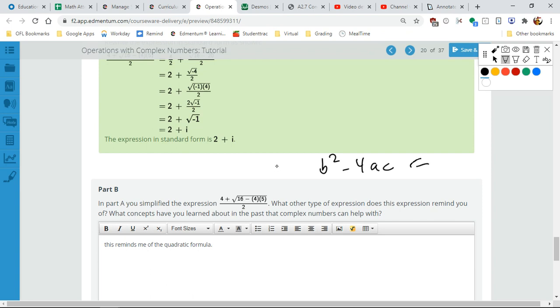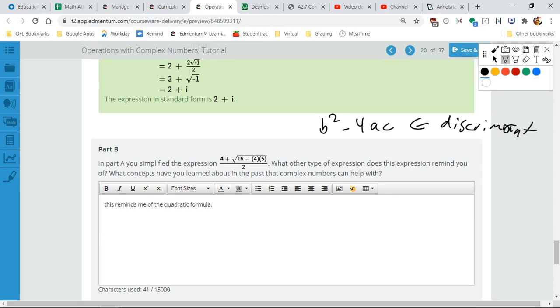This is known as the discriminant. If the discriminant is negative, that means we're only going to have complex answers. If we get a positive discriminant, we're going to have two real solutions. And if our discriminant is 0, then we only have one real solution or one solution. It just doubles up.